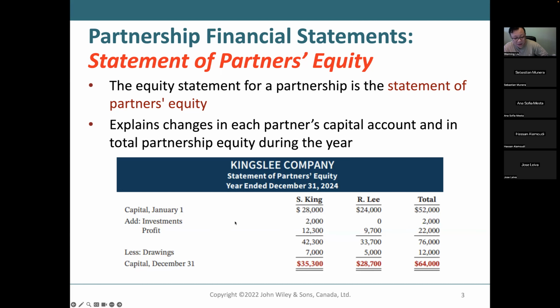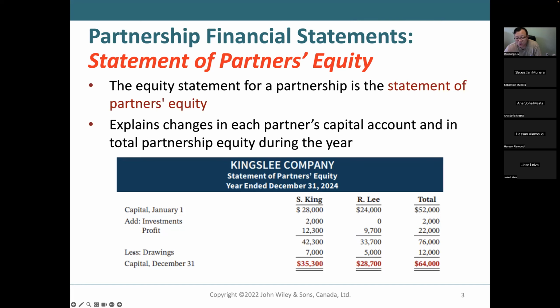And then during the year, they make 22,000, and the 22,000 is split with 12,300 to King and 9,700 to Lee. You add them up, and that's how much the capital account balances are.